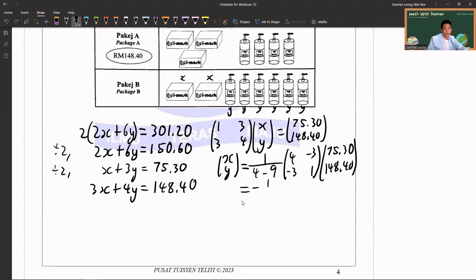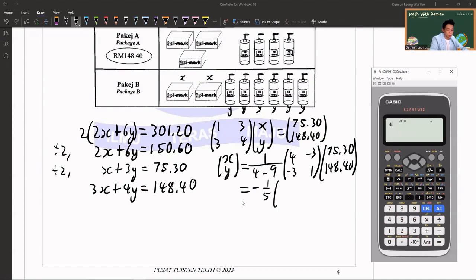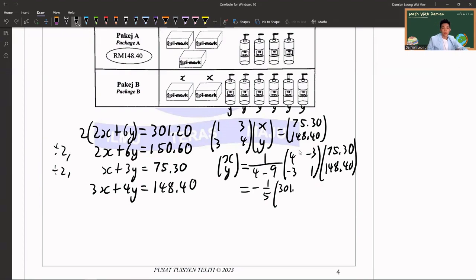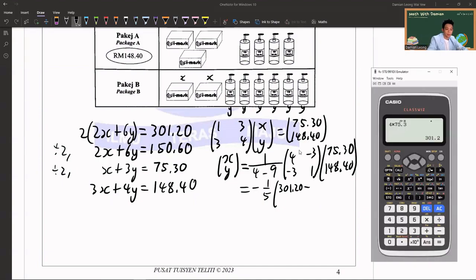So this will be negative 1 over 5 and times here. 4 times 75.3, 301.2. Okay. Negative 3 times this, minus 3 times 148.4.